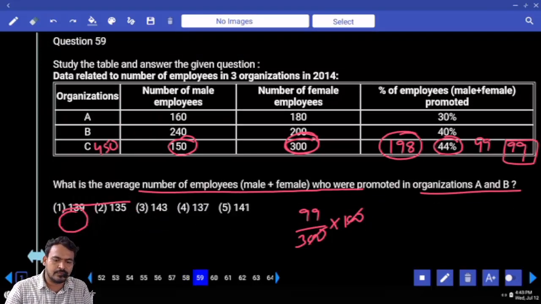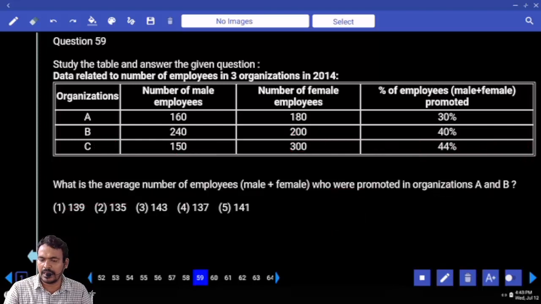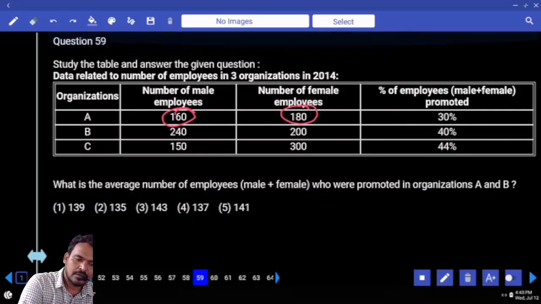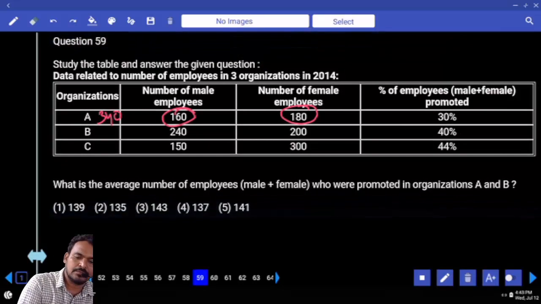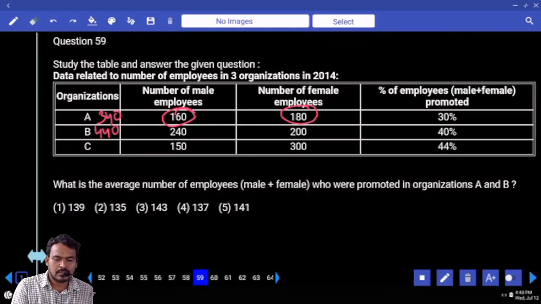Next, question number 59. What is the average number of employees, male plus female, who were promoted in organizations A and B? Organization A total is 160 plus 180, 340. Next, organization B is 440. We need only the promoted value.